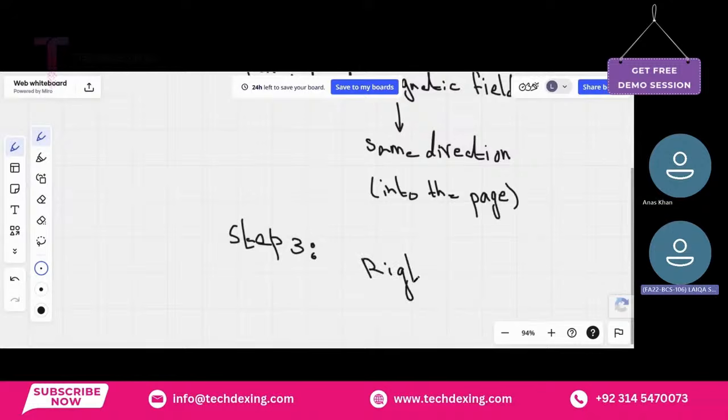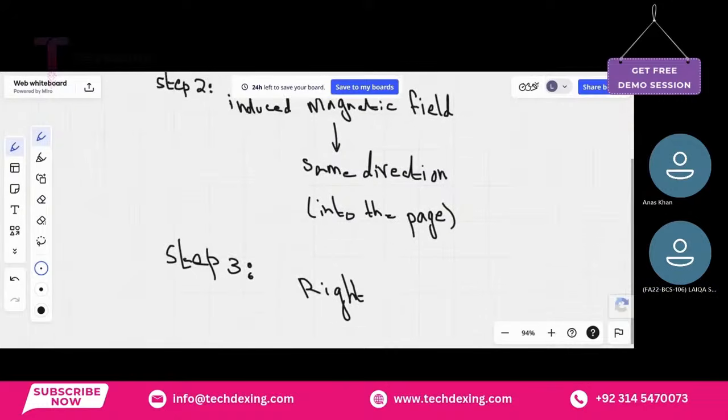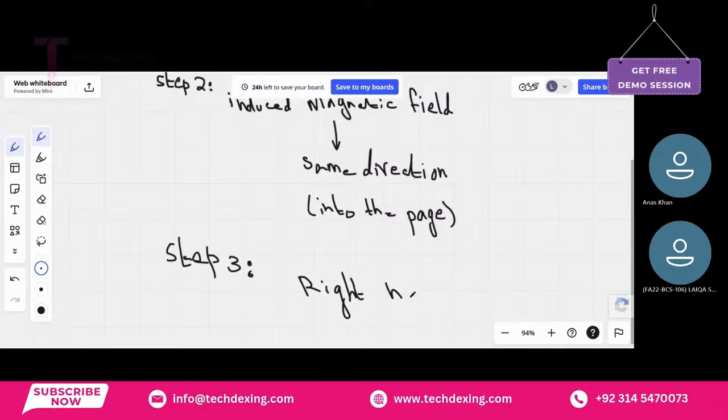You have to simply point your thumb in the direction of the magnetic field, and the curl of your fingers will give you the direction of the electric current. Right hand rule.